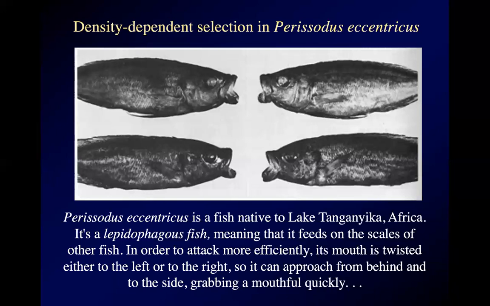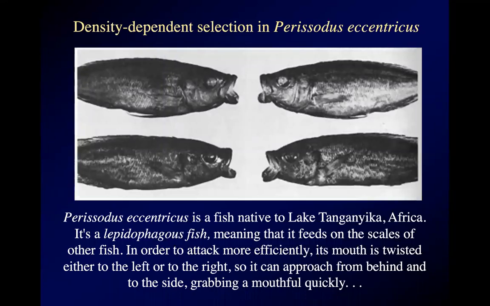So Parasotus has to approach from behind, and to attack more efficiently in that direction, its mouth is twisted either to the left or to the right so that it can approach from behind and to the side and grab a quick mouthful before the other fish is aware of it. So Parasotus eccentricus comes in either left-handed twist or right-handed twist models.